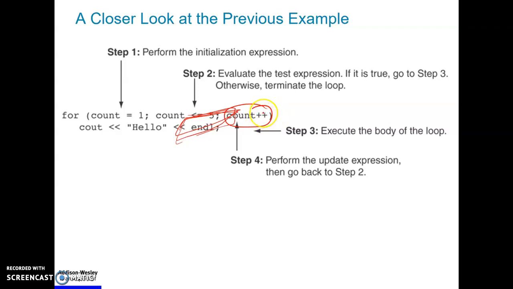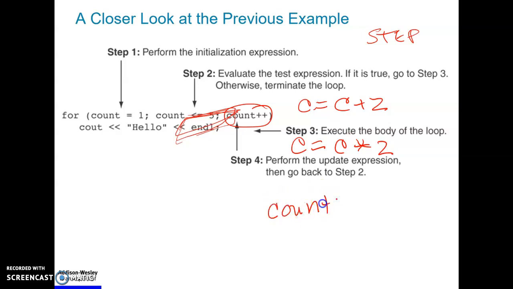If I want to increment by something more than 1, which we use the word step in our previous experience, then I can do count is equal to count plus 2. I can do count is equal to count times 2. I can perform other types of operations in there. We can decrement if it's appropriate to decrement. So I can work backwards if I wanted to.